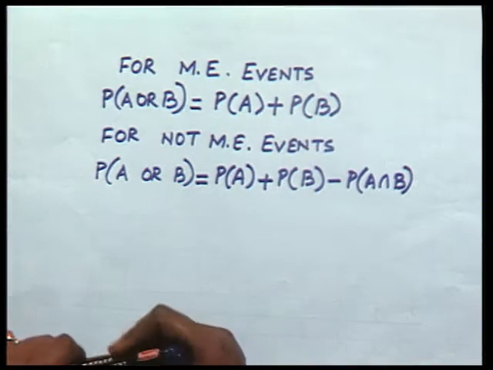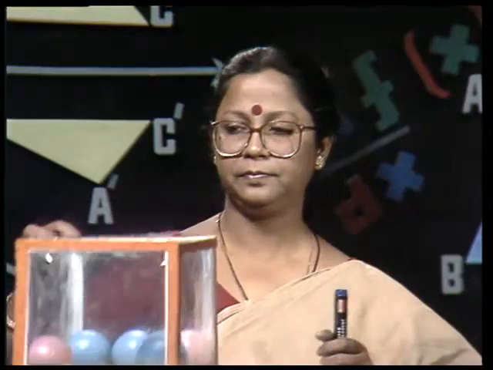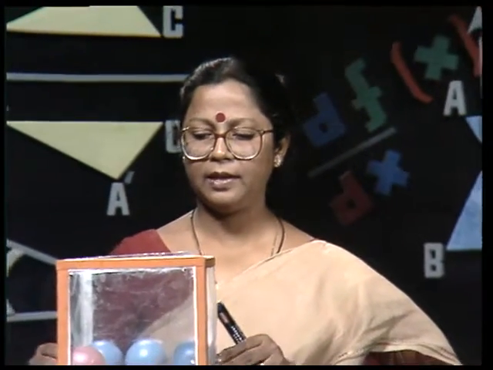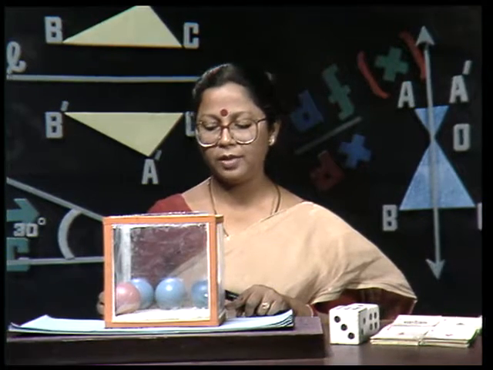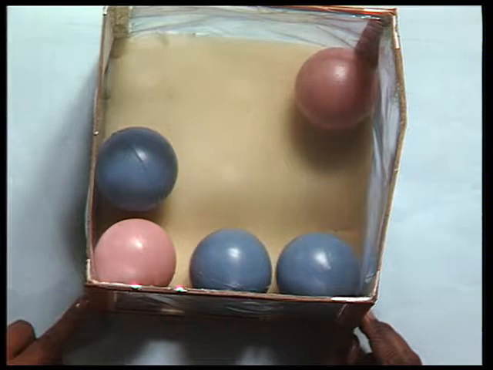You must have observed that the knowledge of set theory helps us a lot in proper understanding of theory of probability. Try to recall complement of a set and consider this experiment. Here is a container which has 2 pink balls and 3 blue balls.